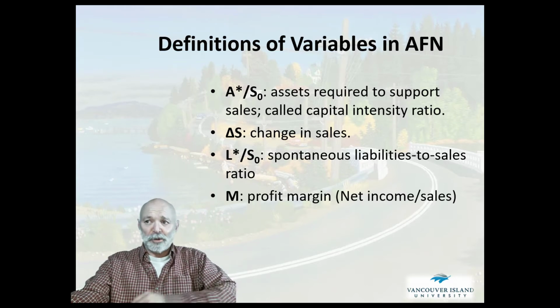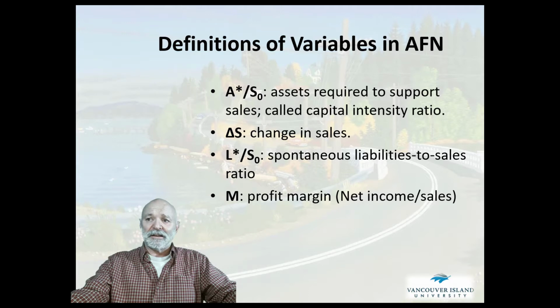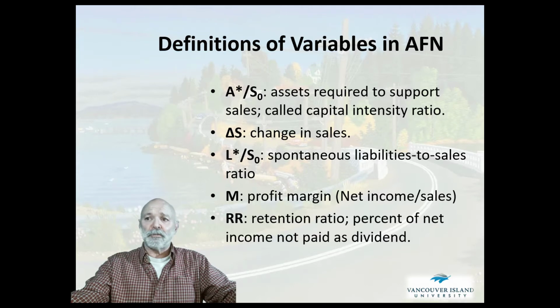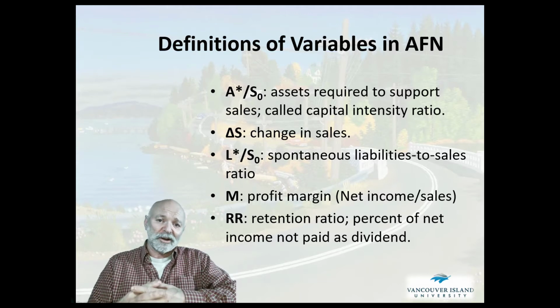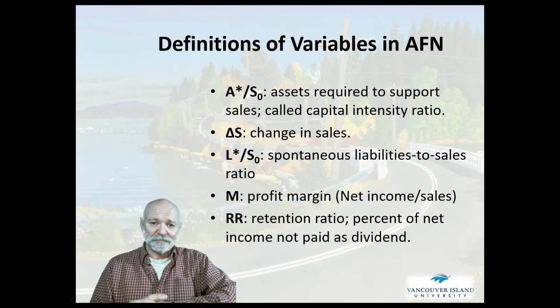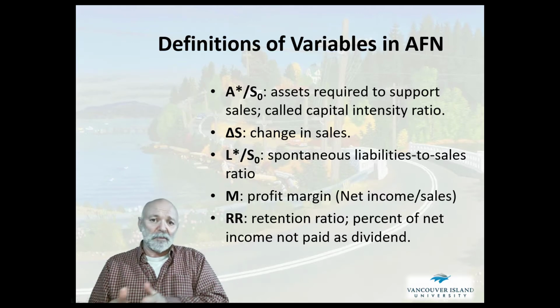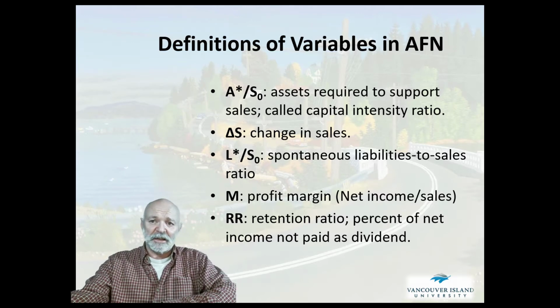M is our profit margin, basically the net income to sales from our last year's or forecast profit margin. And RR is the retention ratio. That's the percentage of our net income that's not paid out as a dividend. We can take that as 1 minus the dividend payout.